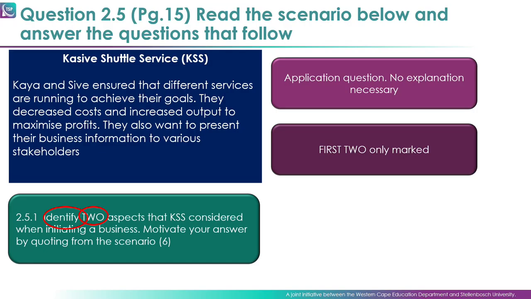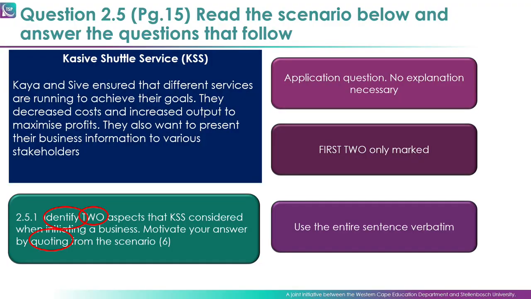Again, specify, make sure that you have not given more than 2 answers, because we can only mark up until the maximum of 2. And then quotes: we always suggest you give the full sentence, because it has to include the essence of the quote, and that is very important. We do see some learners provide a very short quote, and very often it's not enough to actually allocate those marks. Use the entire sentence verbatim, as I've just mentioned.